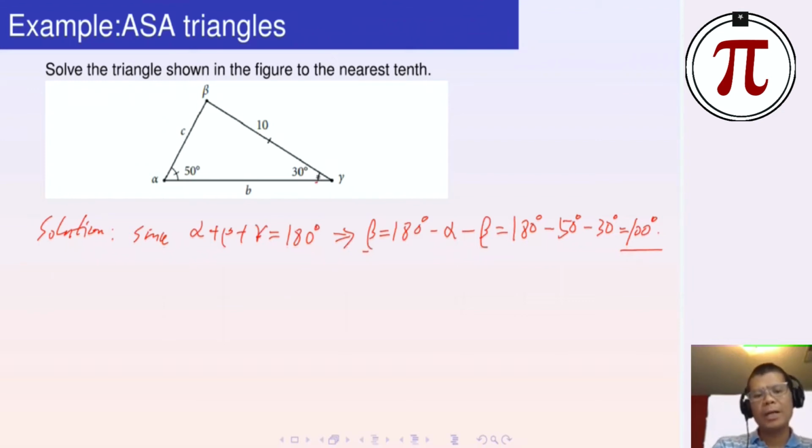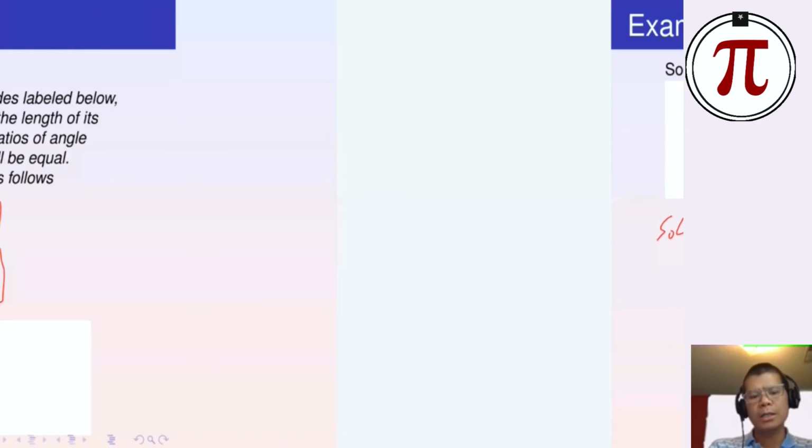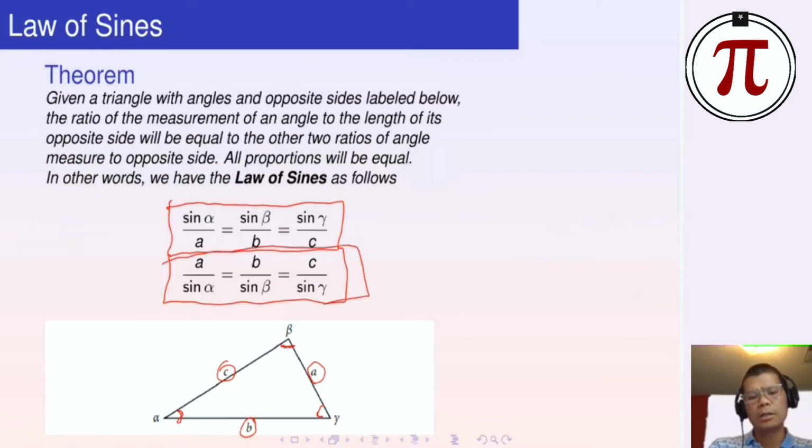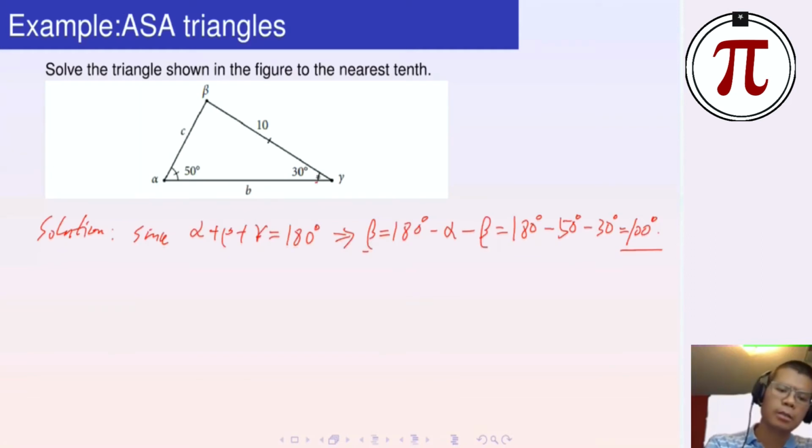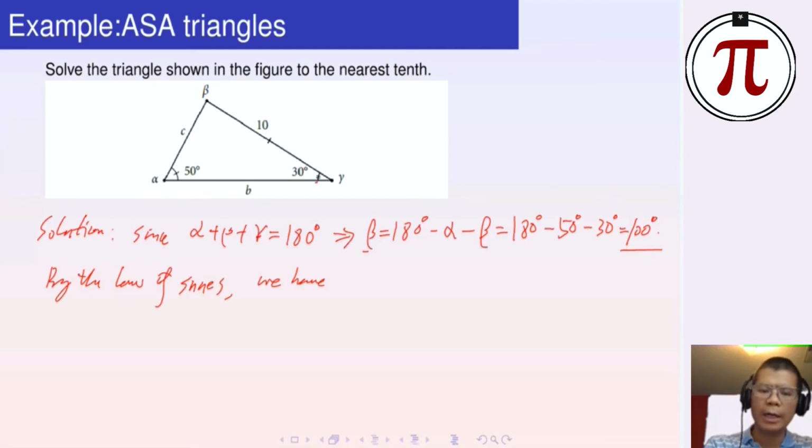For this, we can use the second equation. Either way is fine, but I think it's better to use the second one: A over sine alpha, B over sine beta, C over sine gamma are all exactly the same. So by the law of sines, A is 10, which is known.